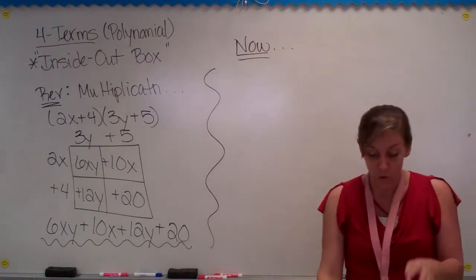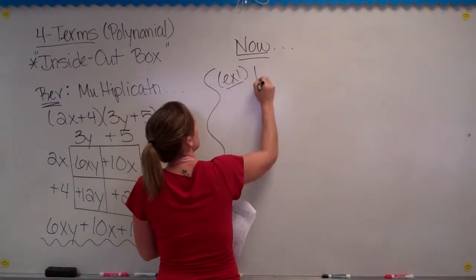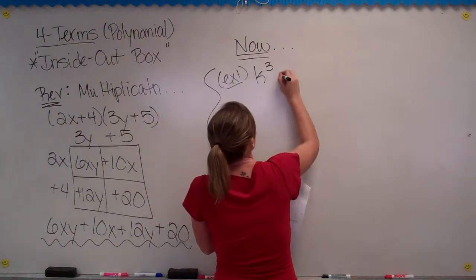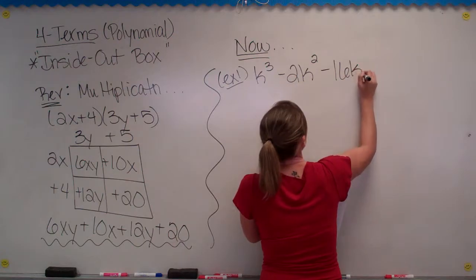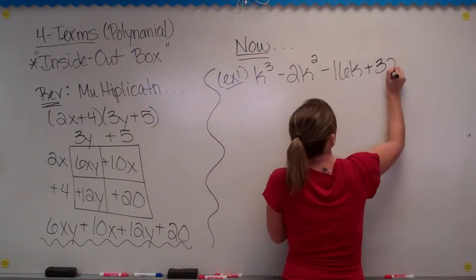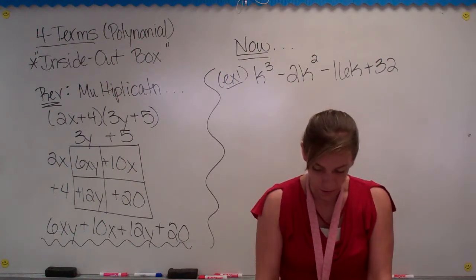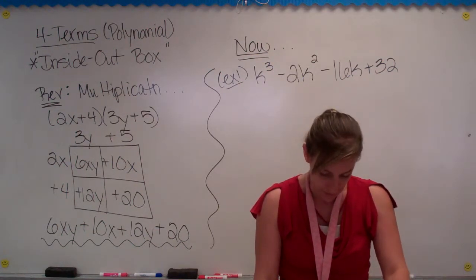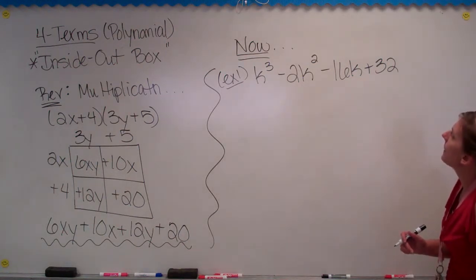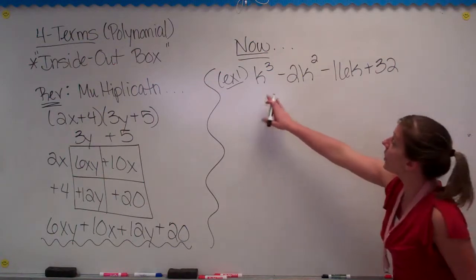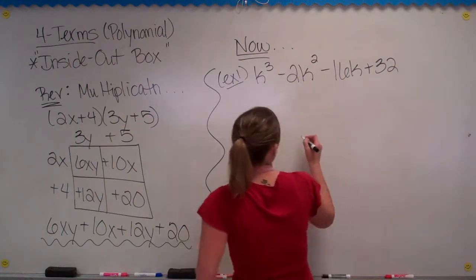So now let's start with 4 terms. Let's start with k to the 3rd minus 2k squared minus 16k plus 32. All right? And when you look at this, there's 4 terms, so that gives you a hint. Let me turn to the 4 corners of my box.